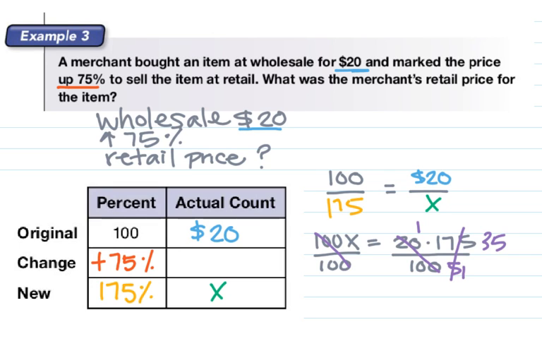So I've saved a lot of extra work for myself by doing it that way. So now x equals 35. So our new cost of the item is $35.